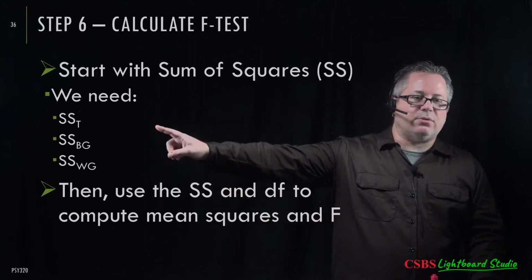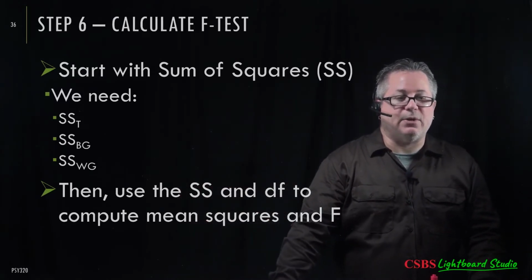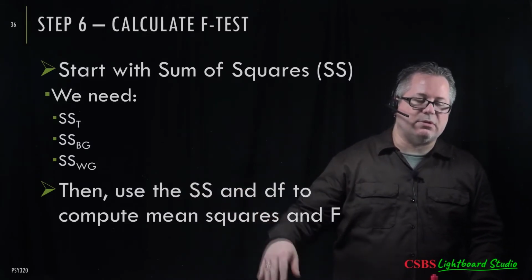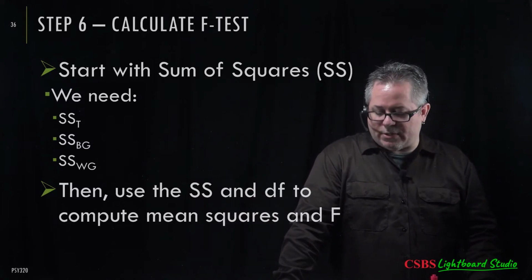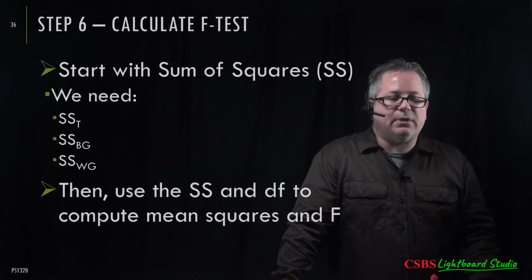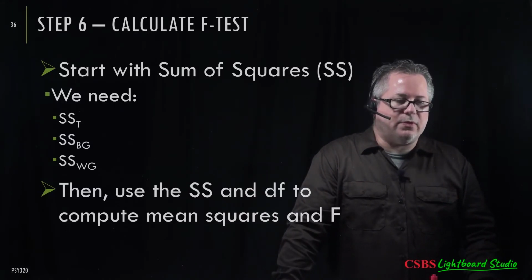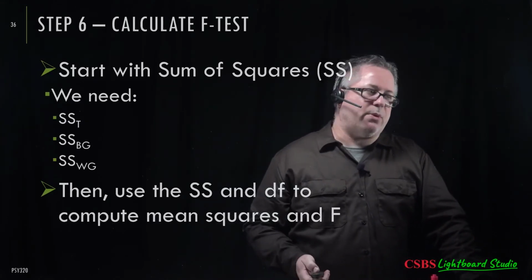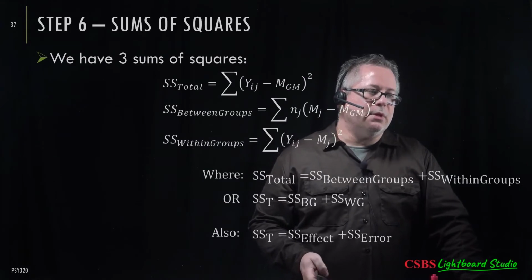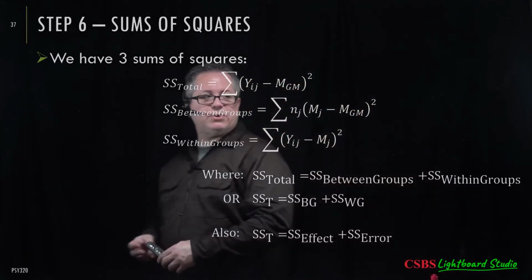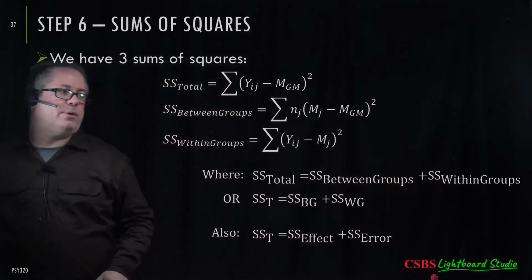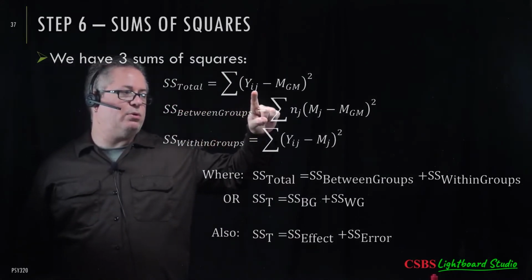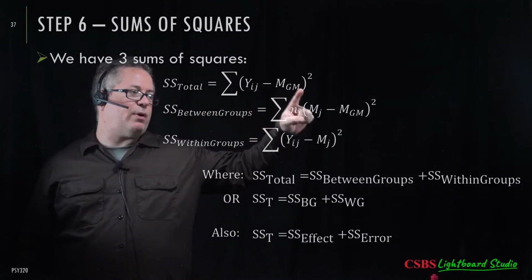So we're going to start computing the sum of squares first. Again, we already did this earlier in this lecture, in one of the earlier parts of this ANOVA lecture. But let's run through it again, just to make sure we're all on the same page, and it may make more sense now what we're doing and why. So there are 3 sums of squares we're going to look for. We need to compute the total sum of squares, which is the differences between each score in each group around the grand mean.